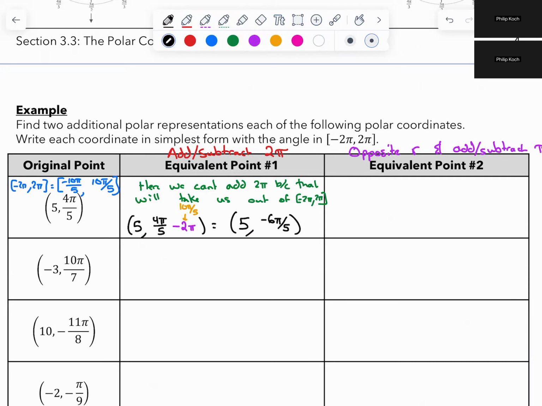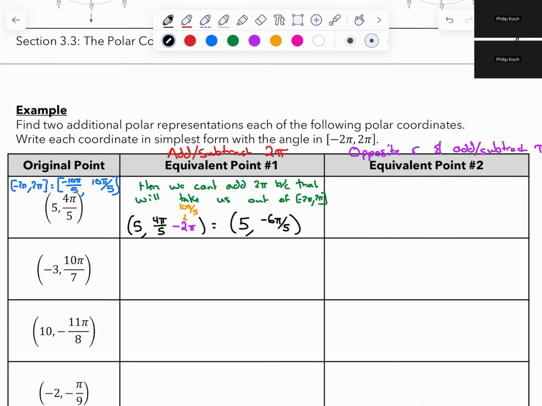And that's an equivalent point. And its value, negative 6 pi over 5, is greater than negative 10 pi over 5, which is negative 2 pi, so we're good.